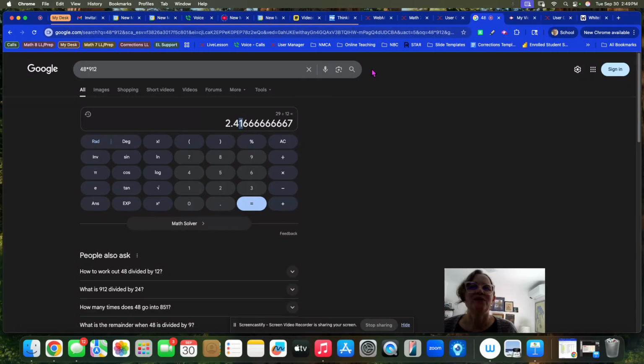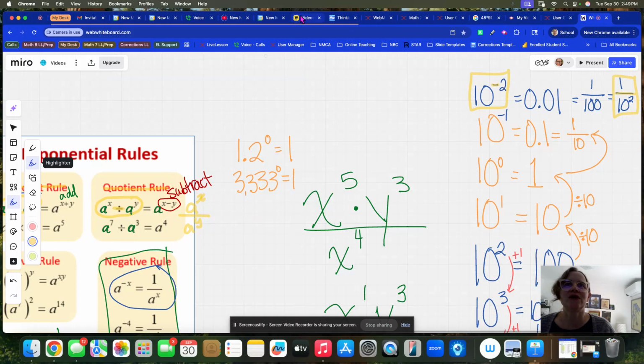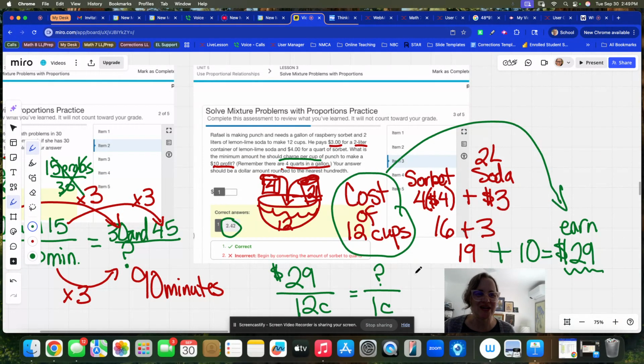Okay, so 2.42 would be the answer. Oops, wrong whiteboard. 2.42 would be the answer, and that is exactly what I was supposed to get. Okay, so 2.42, and again I got that because I found the unit rate, meaning I divided 12 divided by 12 to get 1. 29 divided by 12 got me this number, 2.42.